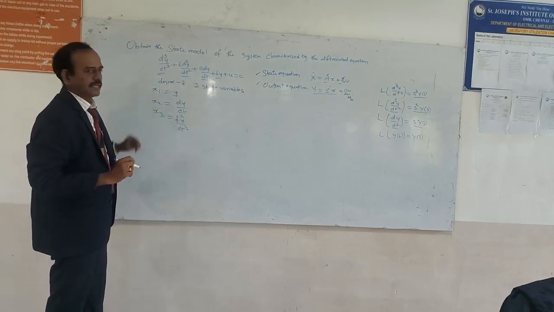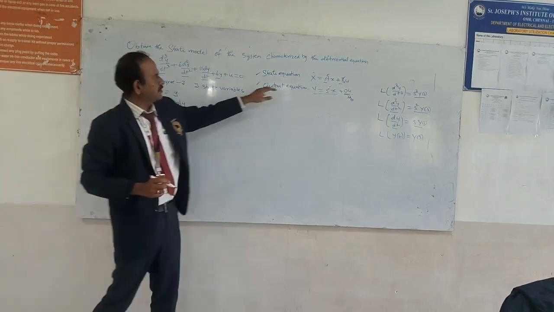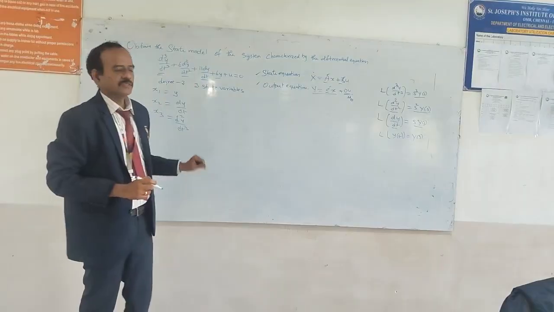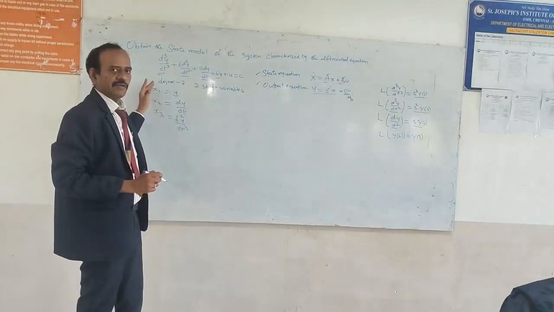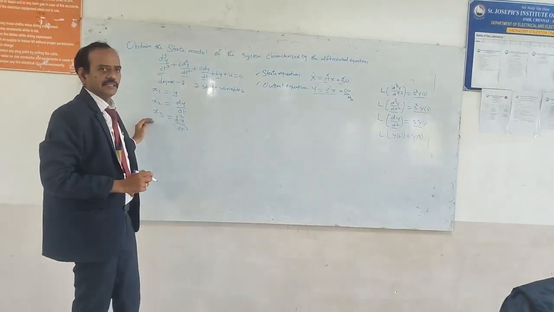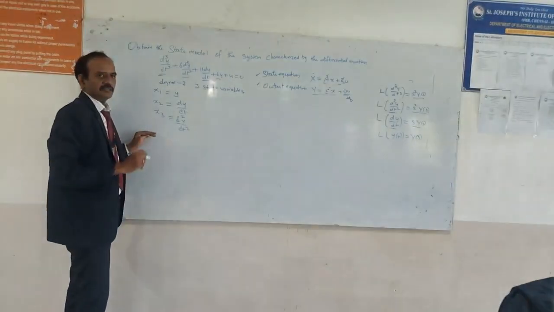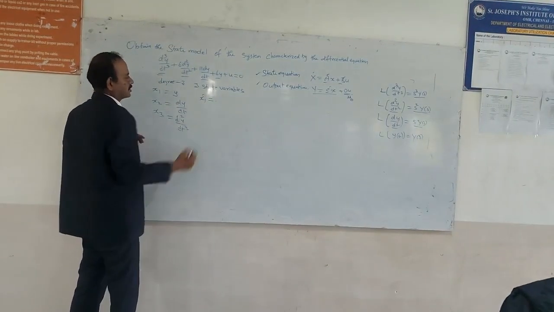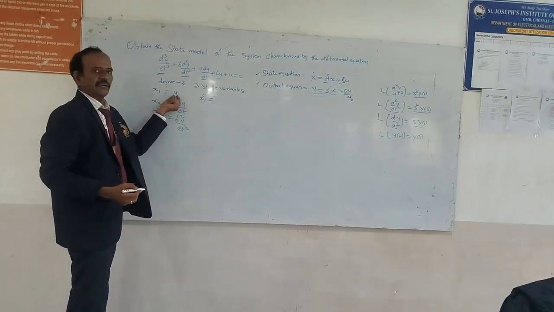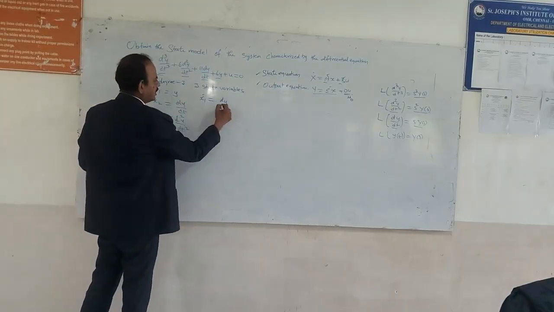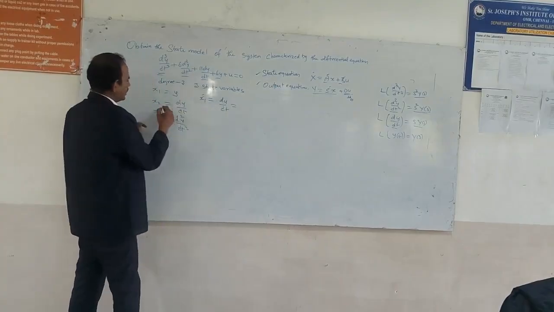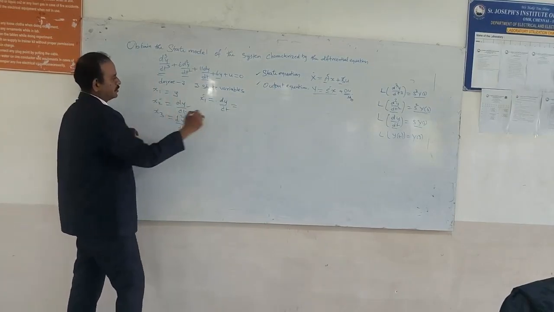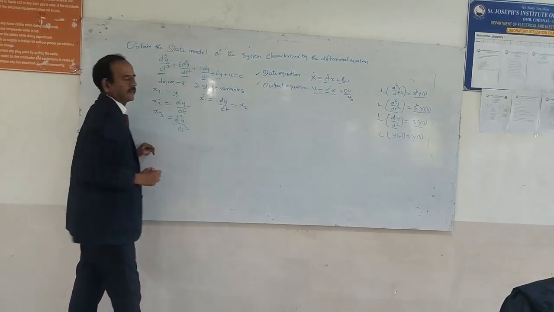So x1, x2, x3. For the state equation, we need x dot, so we have to form the derivatives of x1, x2, and x3. What is x1 dot? It is the derivative of x1, that is one derivative of y, nothing but dy by dt. This dy by dt is x2, so we can write x1 dot equal to x2.